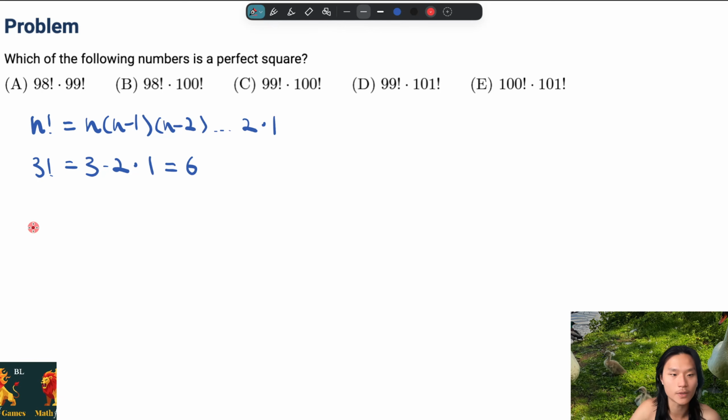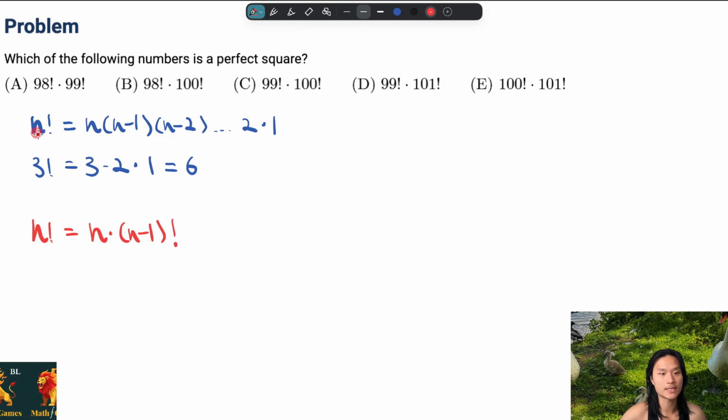We notice that for n factorial, we can break it down as n times n minus 1 factorial. Because we see previously here that n factorial is n multiplied by n minus 1 and n minus 2 all the way to 1.